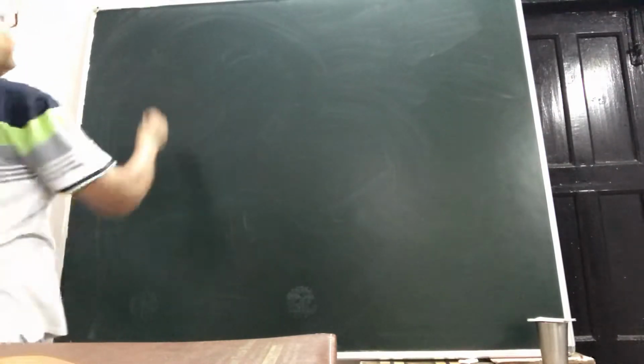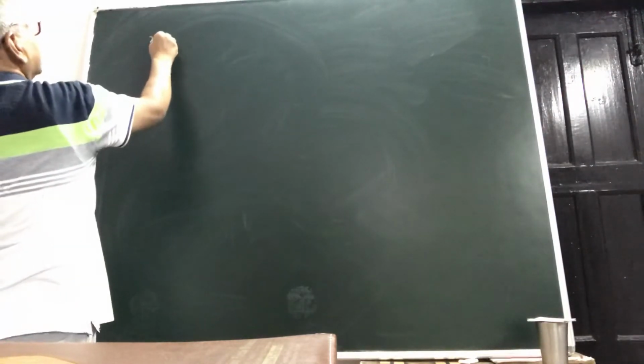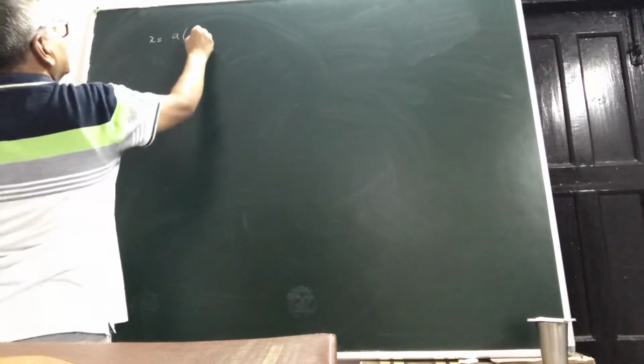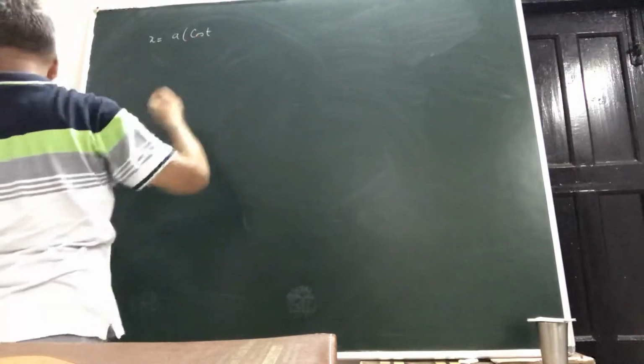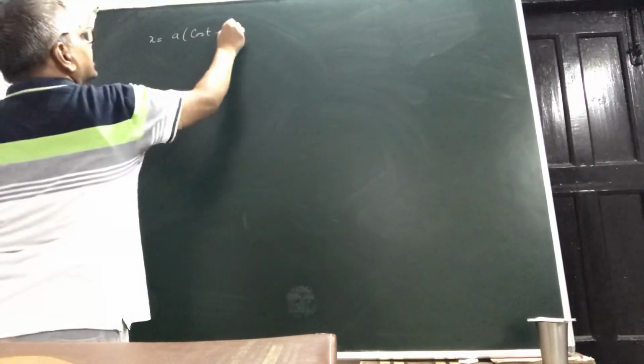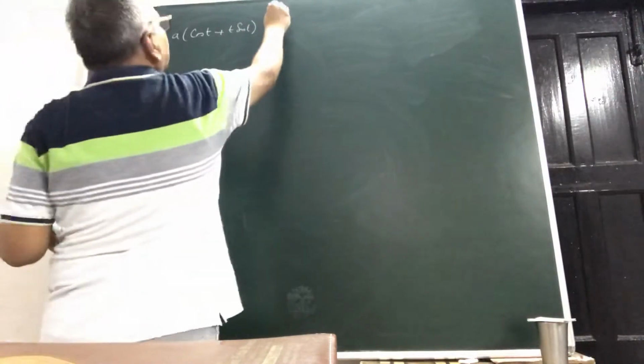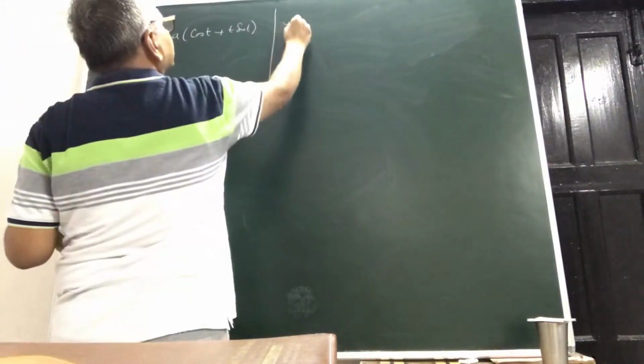If x is equal to a(cos t + t sin t) and y is how much?